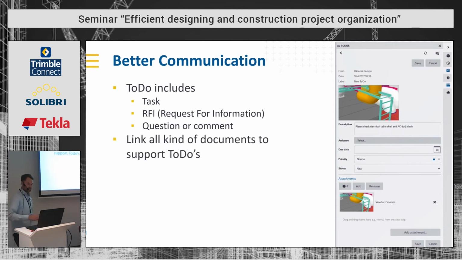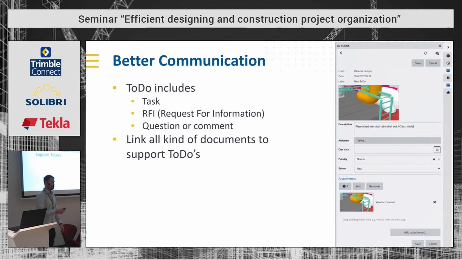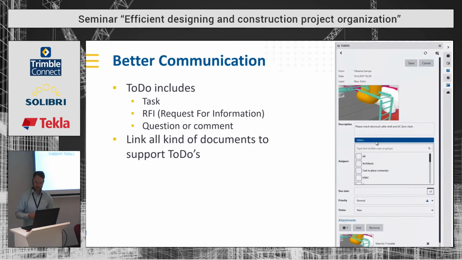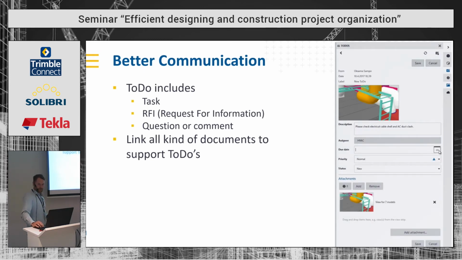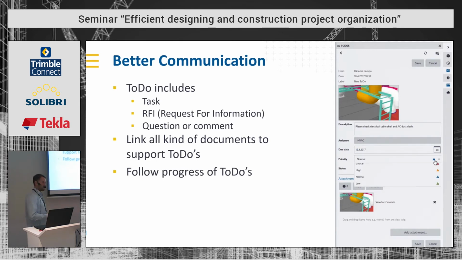And you can also link here, for example, I can add an attachment. There's a model, so let's add also a drawing for the same area, so it's easier to compare the models and the drawings. And there is also status, so we can follow what is in progress, waiting, closed and done.